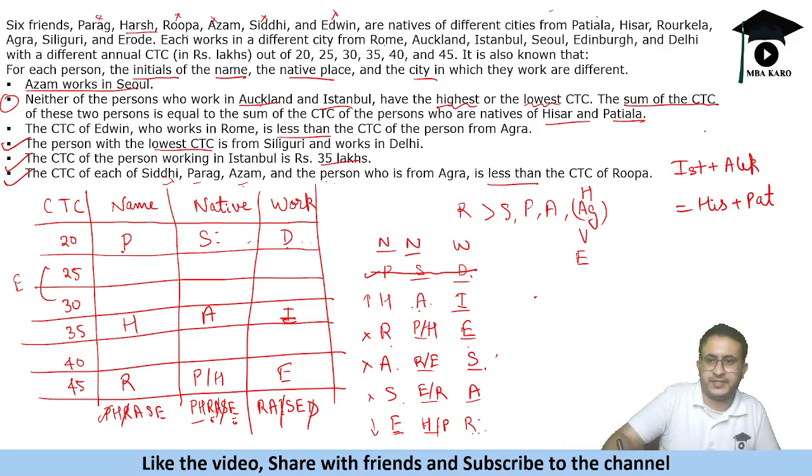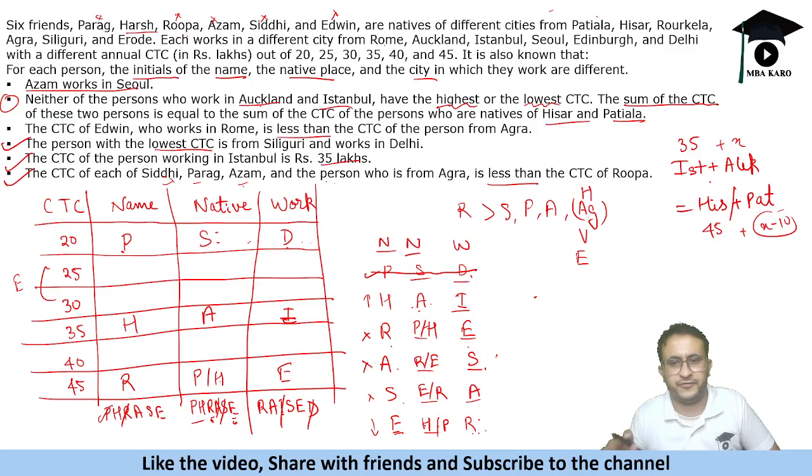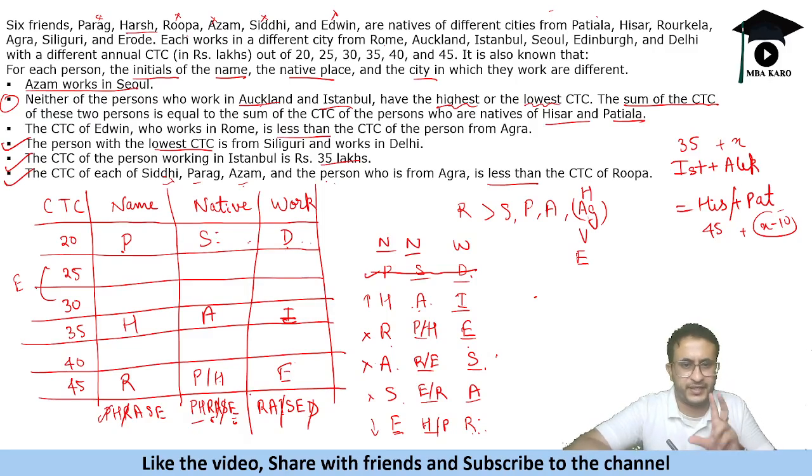Now this is 35. Right? So for Hisar or Patiala, one of the values is 45. Right? Let's not go with which is Hisar, which is Patiala. One is 45. So let us say this is X. So this will be X minus 10. So basically what you get is the difference of Auckland and the other out of Hisar and Patiala should be 10.